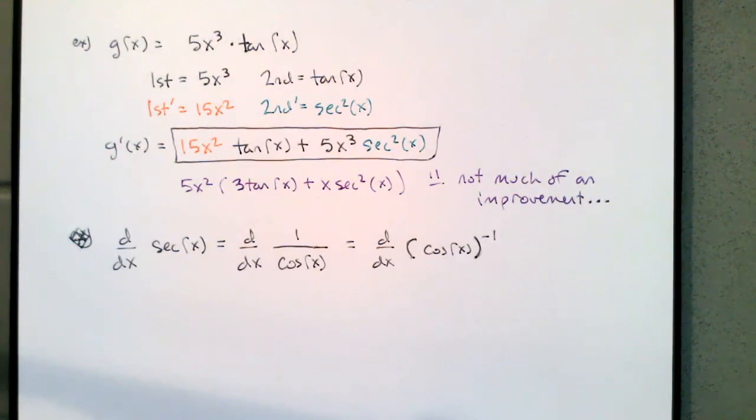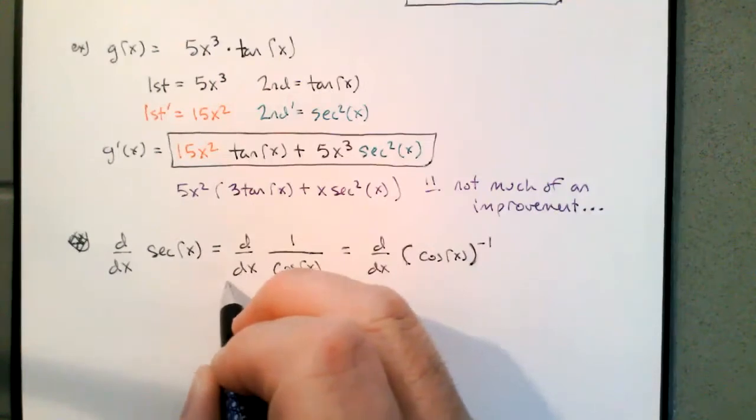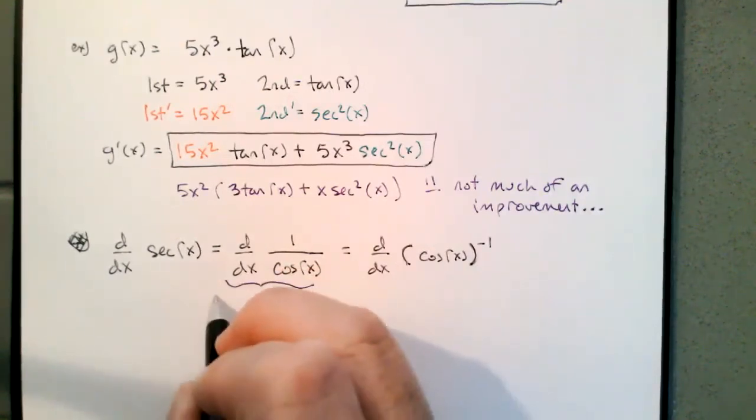So we have a few options of what we can do here to find the derivative. If I look at secant as 1 over cosine, I could try the quotient rule to find the derivative.